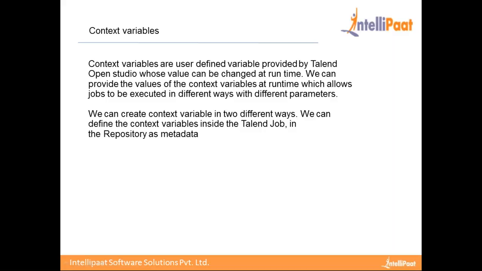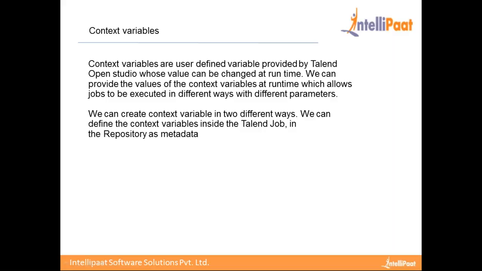Talend gives you the option to define context variables in two ways. First is local and second is global. We can compare it to other programming languages, where variables declared in a particular function or class are local to that function or class, whereas variables declared in the global structure are part of the complete class and can be used throughout. The same way it works here.